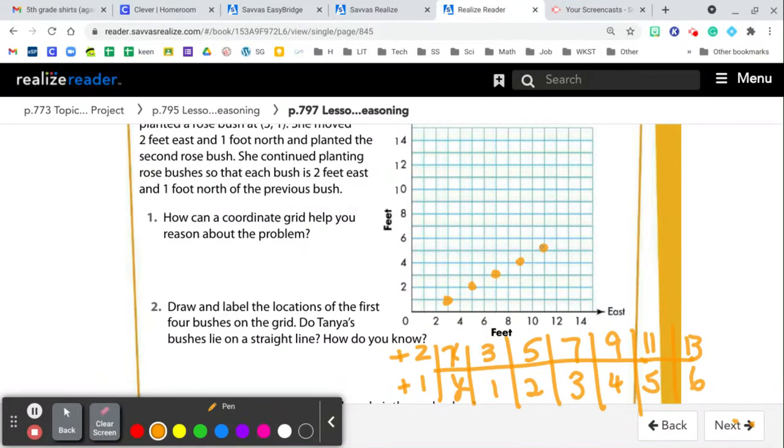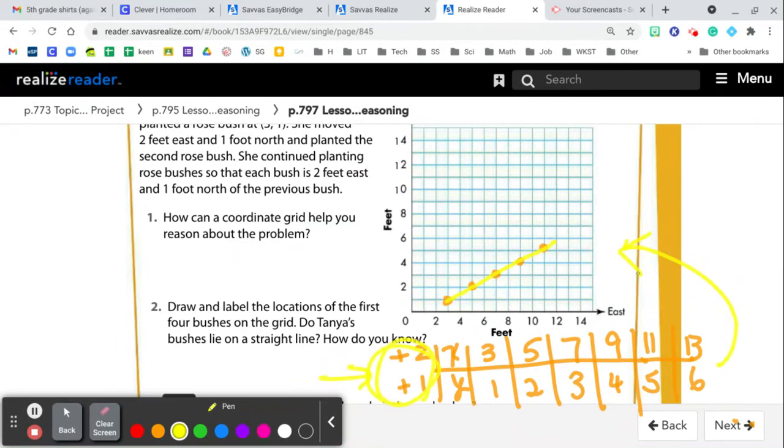Are they on a straight line? How do you know? Yes, they are in a straight line because we can take our rose bushes and connect them and create a straight line. So this is using a table. These are the rules for the values, how they increase. So using a table can help you draw on your line plot. It's a good strategy. Not in the book, but it's a good strategy.